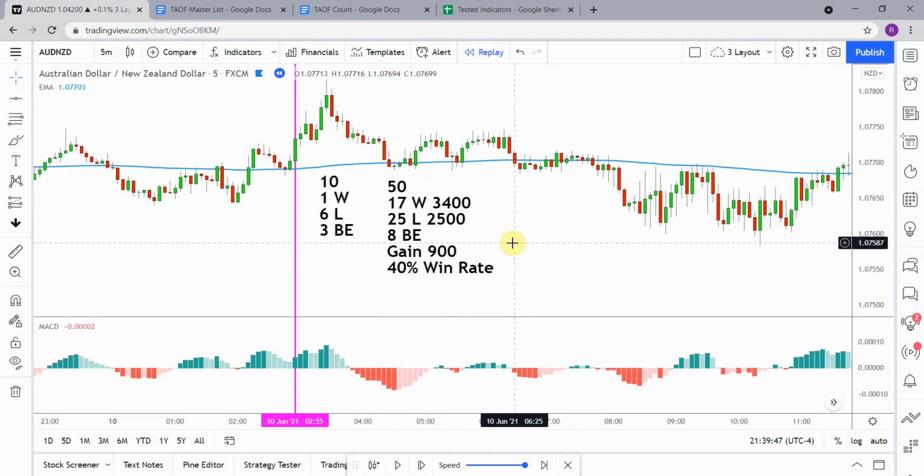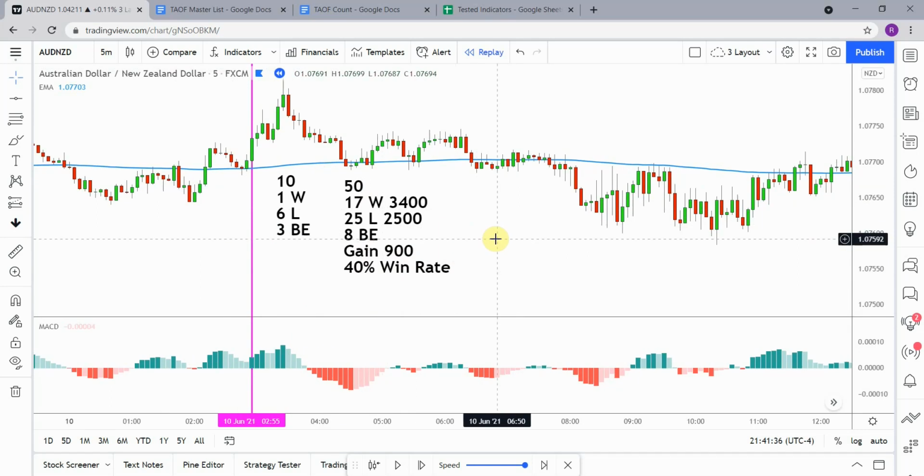And so all in all, that's not too bad, especially considering that because this is on the 5-minute chart, this was only about 15 days worth of trading time that these 50 trades were done over. All in all, this seems like a relatively decent strategy.